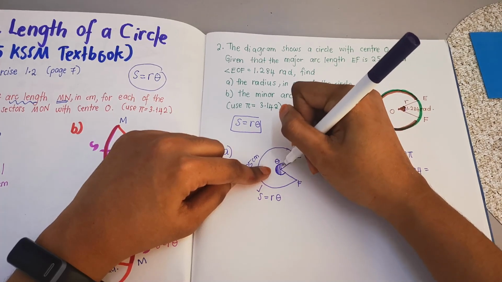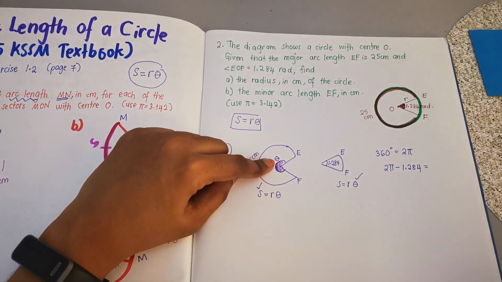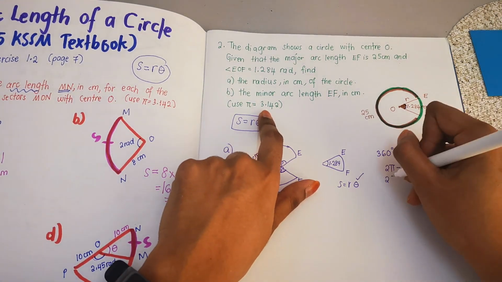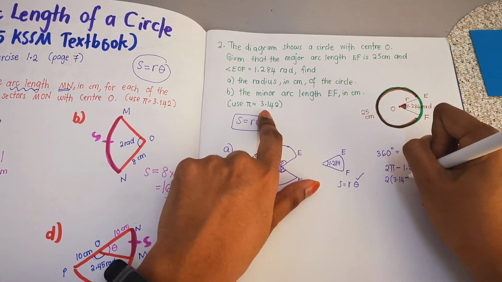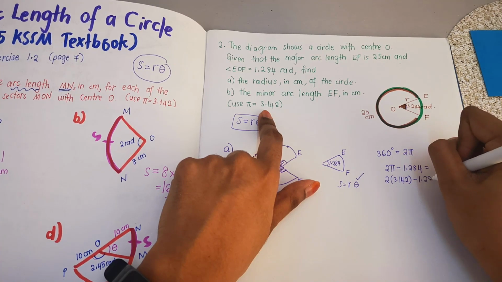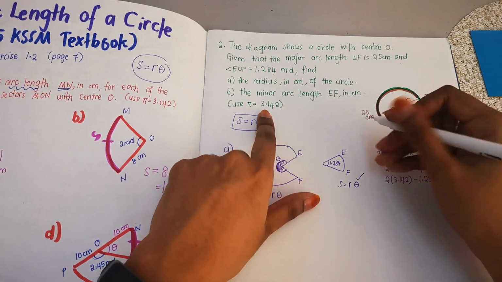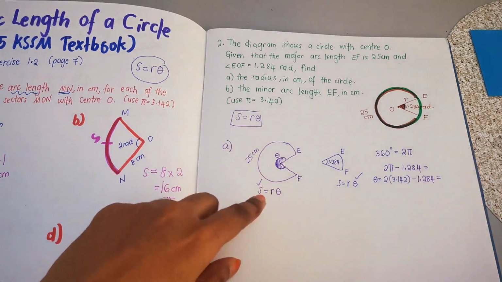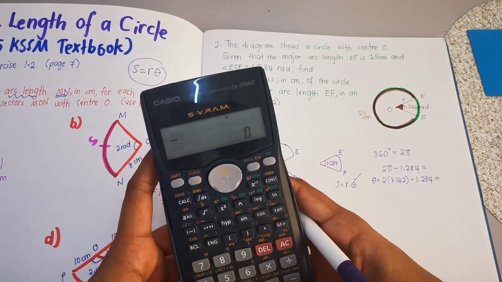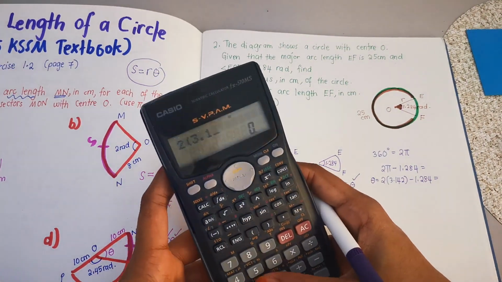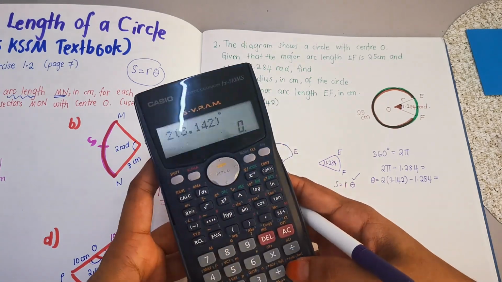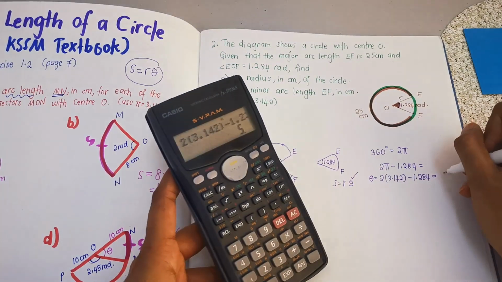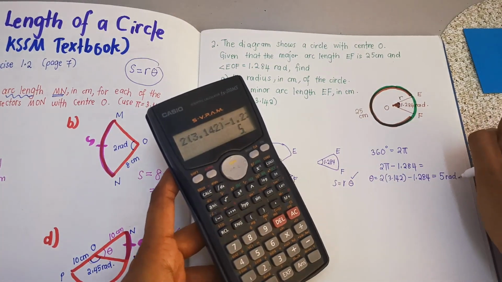Substituting pi as 3.142, 2 times 3.142 minus 1.284, we try to get the theta of the major arc. So I get 5 radian.